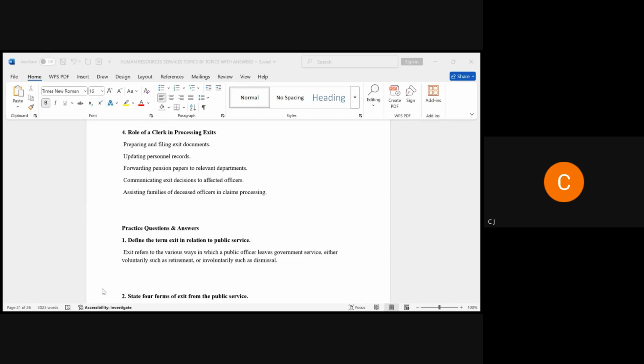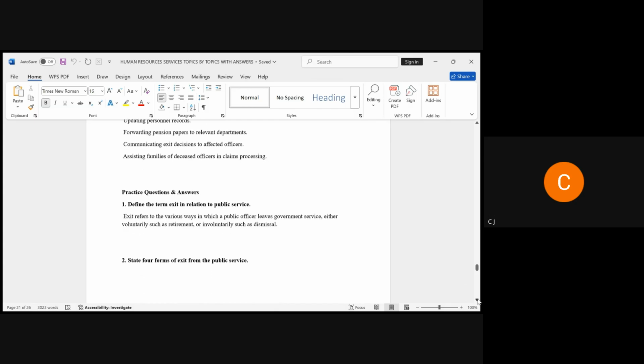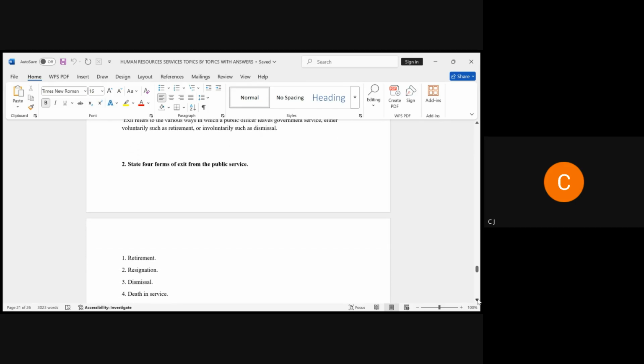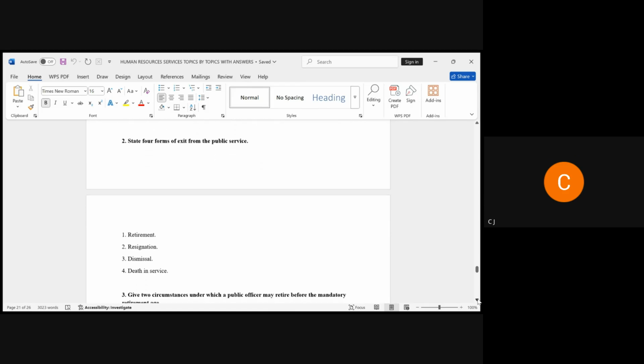Another one, retrenchment. Another one is contract expiry. Contract expiry, yani ulikuwa tu contract ya 6 months na hiyo contract imeisha, so hiyo itakufanya utoke kwa service. You have retirement, resignation, dismissal, death in service.